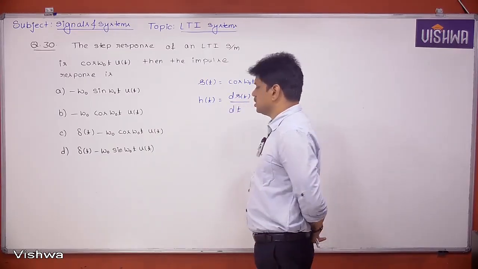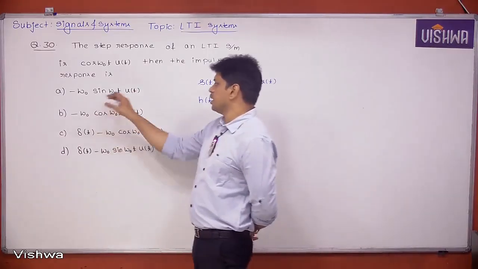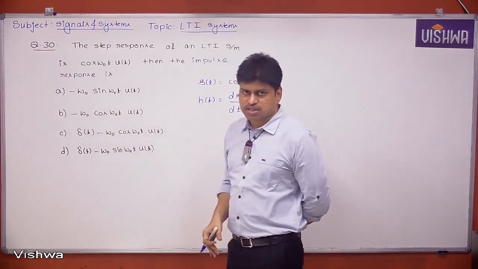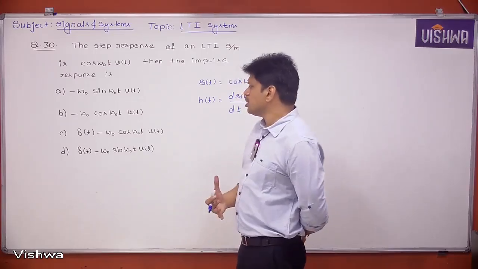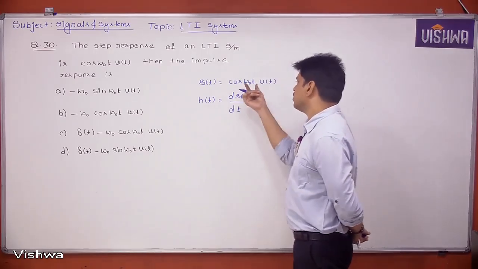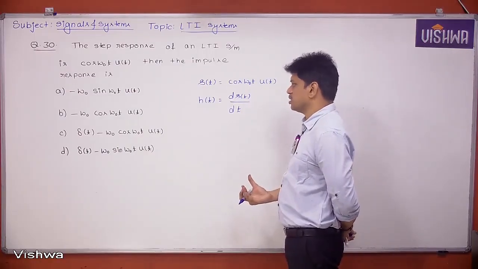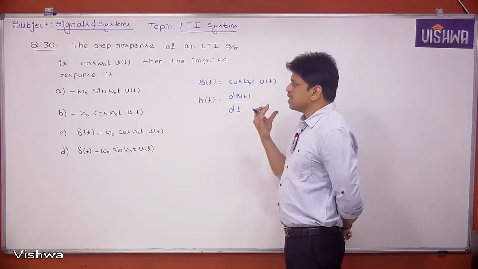So finally everybody is getting option A, which is absolutely wrong. Many people think, why can't it be A? The differentiation of cos omega naught t is nothing but minus omega naught sin omega naught t. So that is going to be option A.